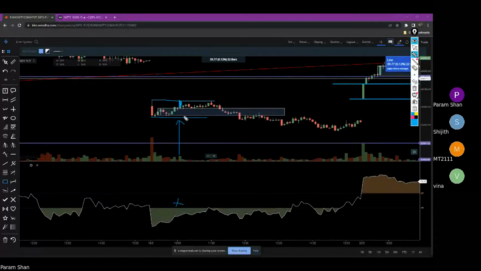People might have considered this as a, okay, now we have a breakup, let us buy. But this is a fake breakout. Breakout also did not happen. But if you have RSI in your chart, definitely you would not enter this trade. Correct? You would wait for the price to break up. Again, there should be a pullback. Then you will enter if the price is breaking this V pattern.